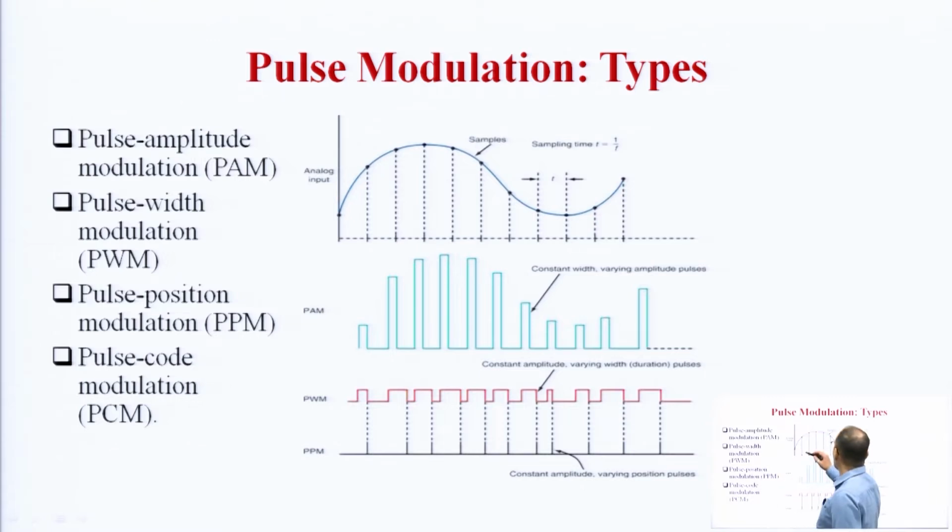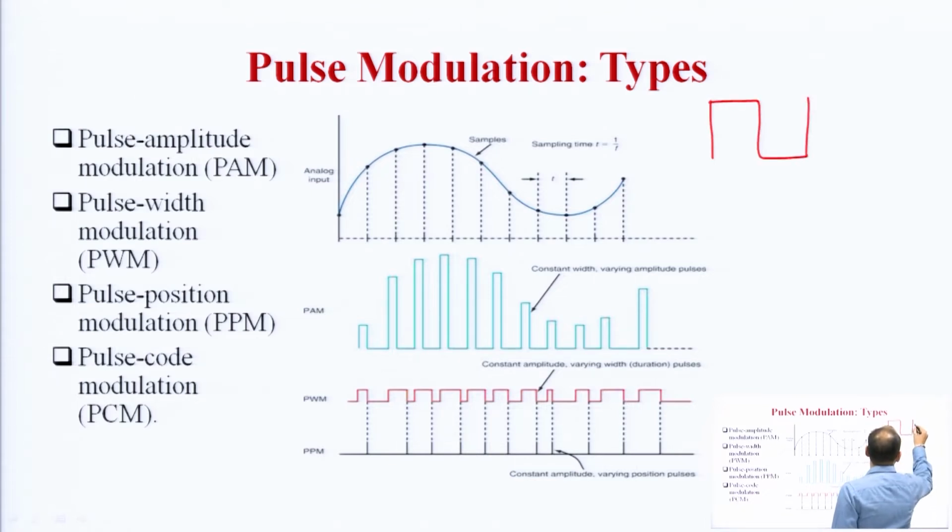This is the input analog signal, and this input analog signal is going to be modulated by using a pulse. As with a normal signal, this pulse also has three parameters.